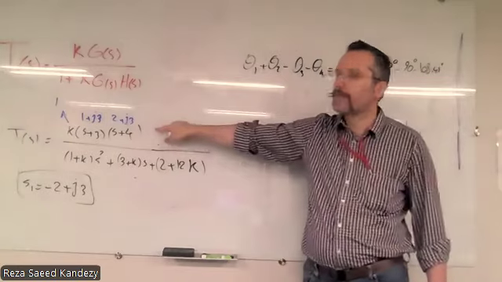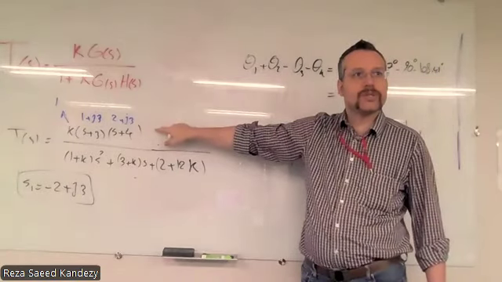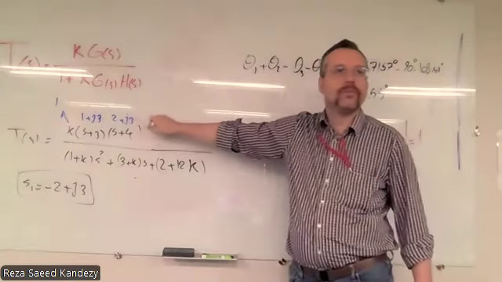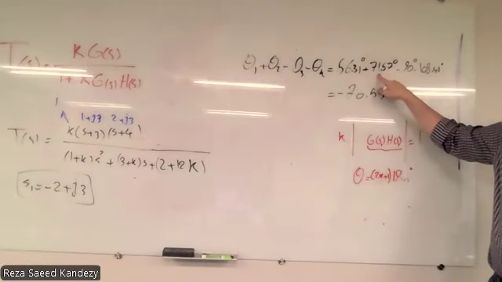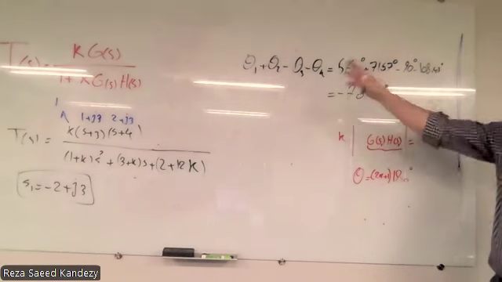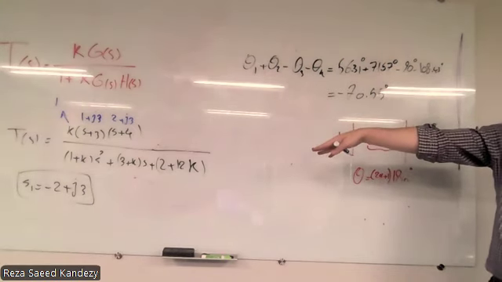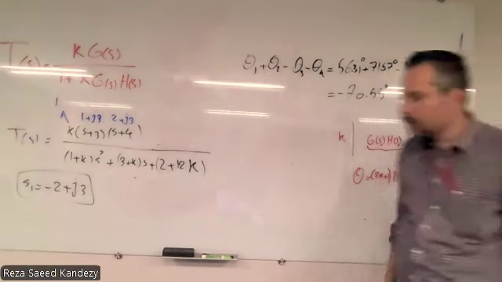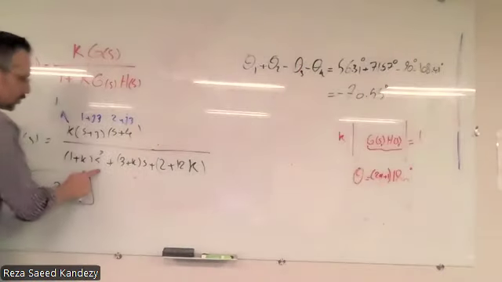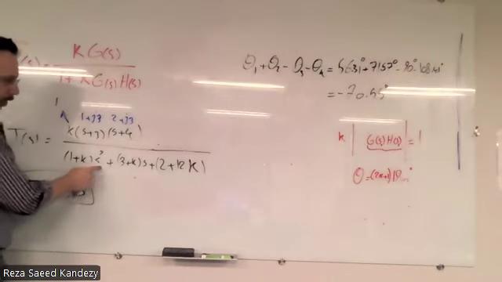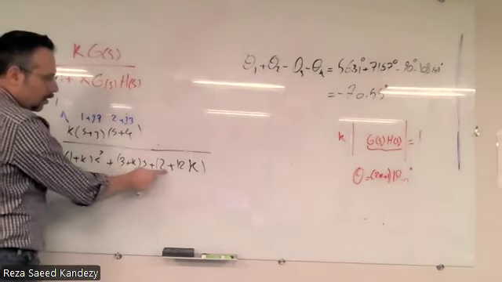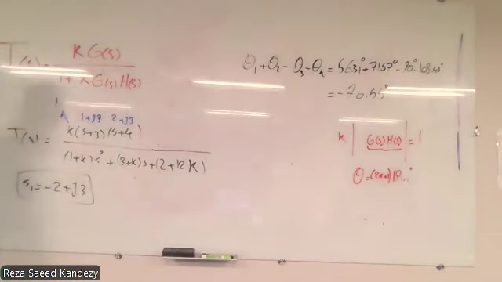Same goes for this one. Tangent inverse of 3 over 2, and you are going to have your theta. Same goes for the bottom one. If you put k equal to 1, it is going to be 2s squared, 4s. Are we good?